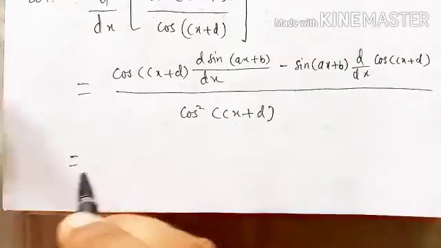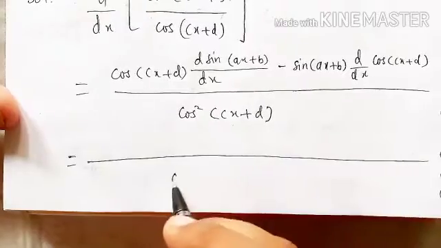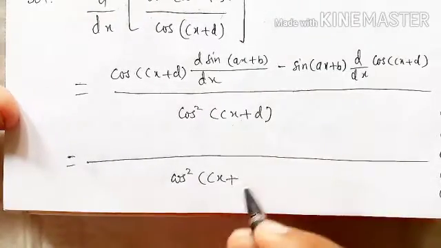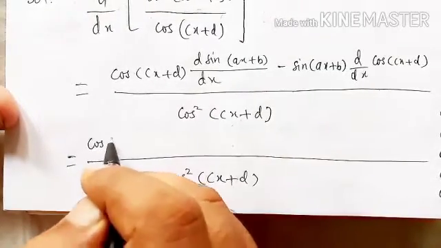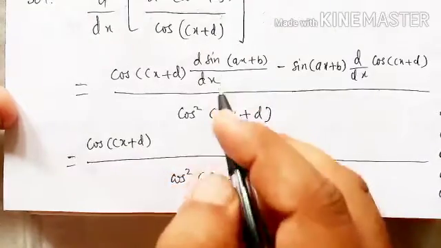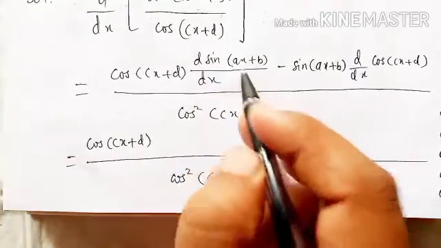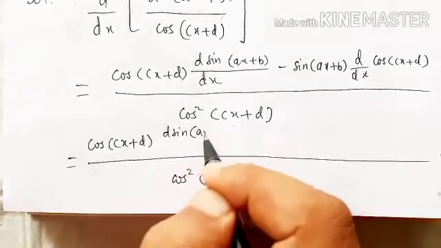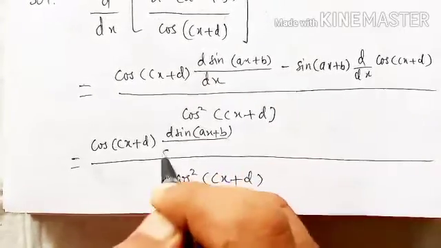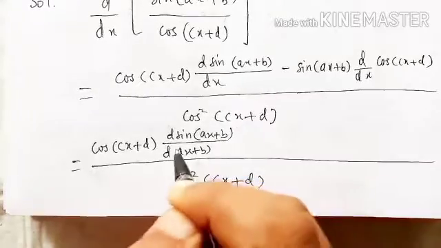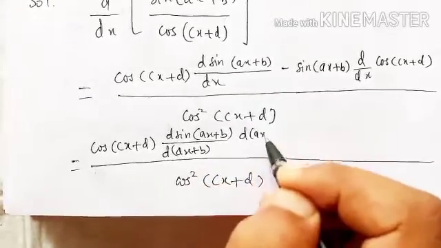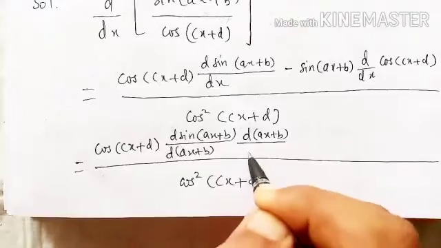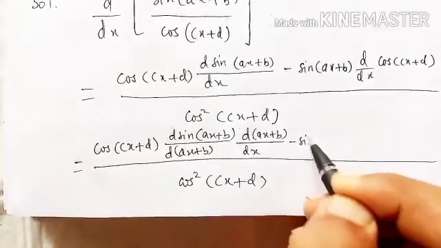Now here we apply the chain rule, cos(cx plus d). Sin of ax plus b is a function of ax plus b. So we write d(ax plus b) by dx. Here sin(ax plus b).